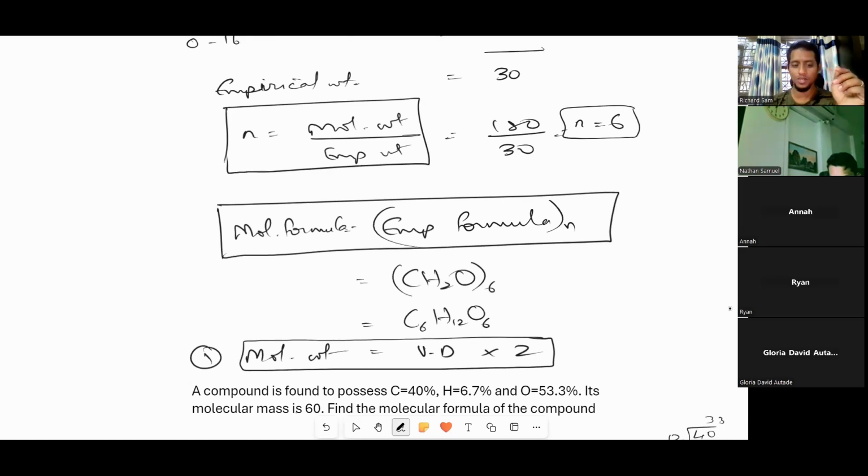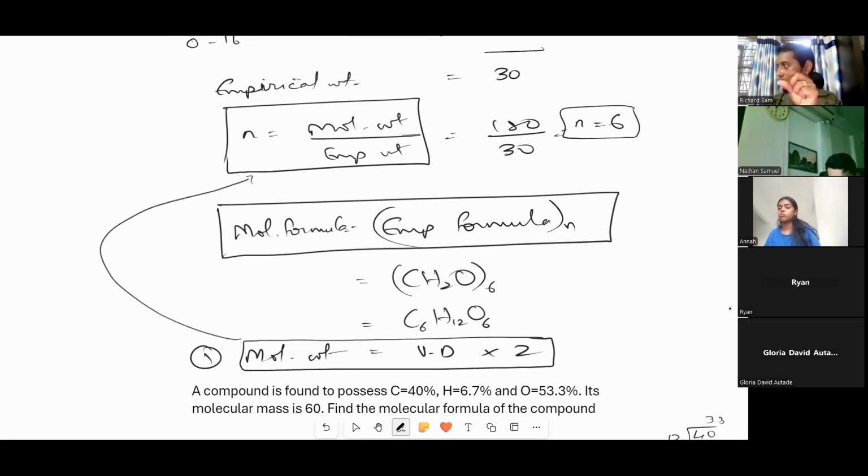Then we use it in the formula for n: molecular weight divided by empirical weight, which we find using the empirical formula. Divide those two and you'll get n. And then third, we use this formula to find the molecular formula.